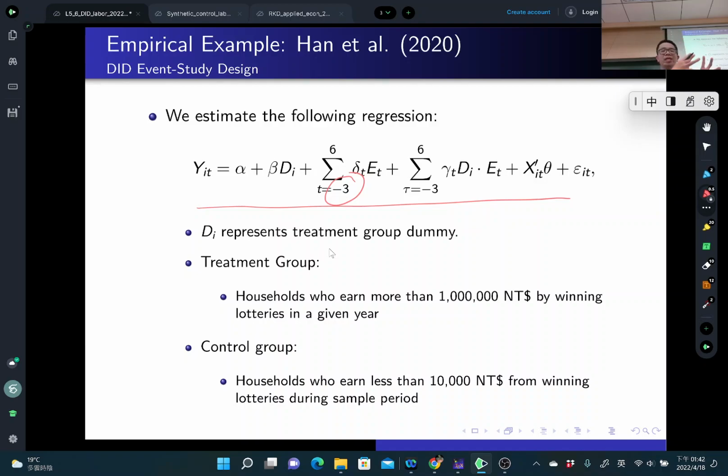So we follow this group of people, the treatment group and control group, the same households over time, from 3 years before they win a lottery prize until six years after they win a lottery prize. So we follow them for over 10 years.